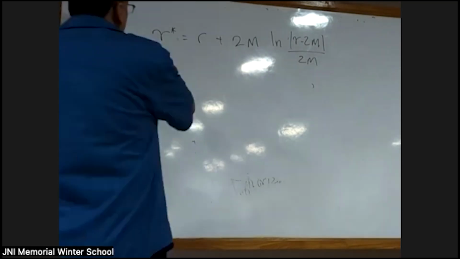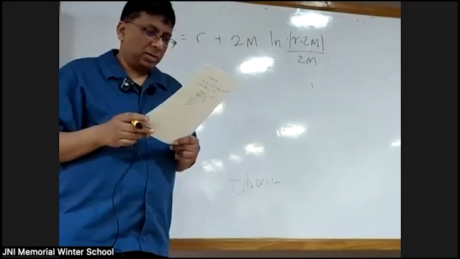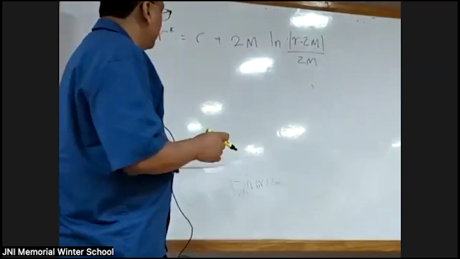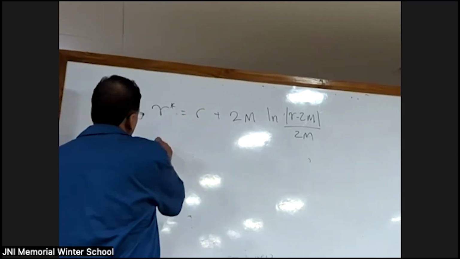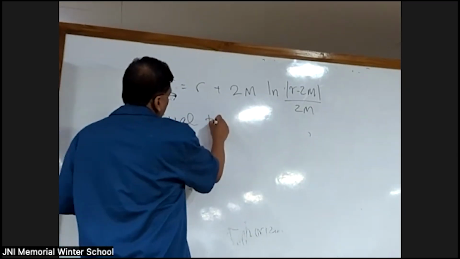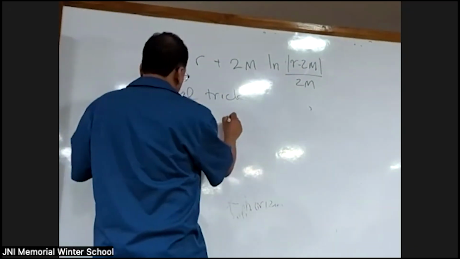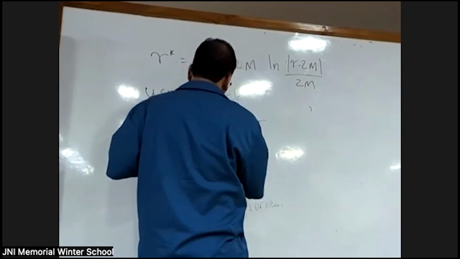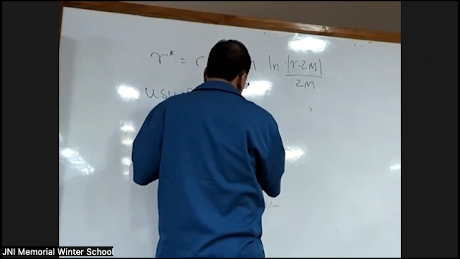Then what we usually do is we go to light cone coordinates. Okay, so the usual trick: we define v is equal to t plus r star, and u is equal to t minus r star.